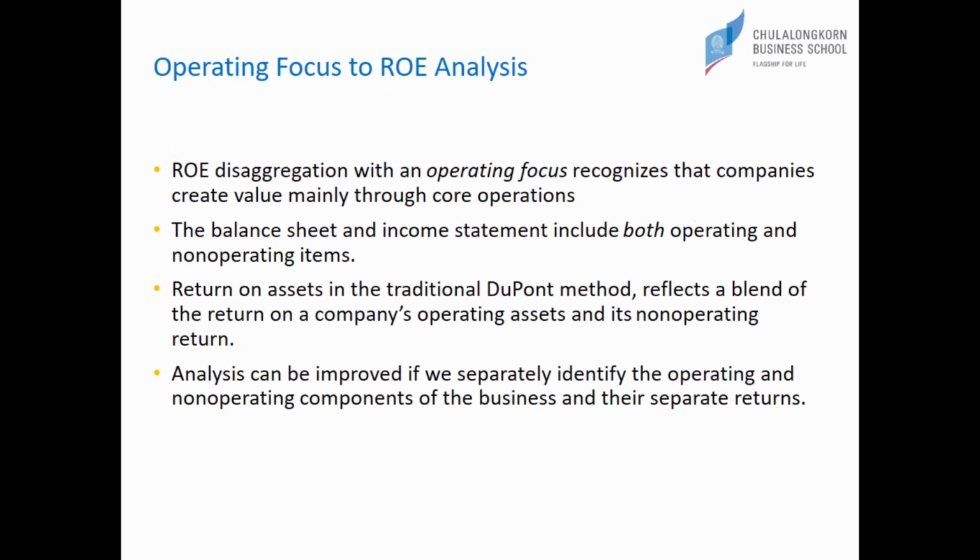As we saw, it only divides it into three different factors that show productivity, profitability, and financial leverage, and it does not care whether these are from operating or non-operating returns. So the intuition behind this operating focus is that we can improve the analysis if we can separately identify the operating and the non-operating components of this return as well.